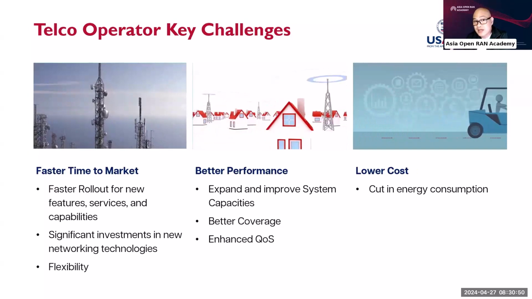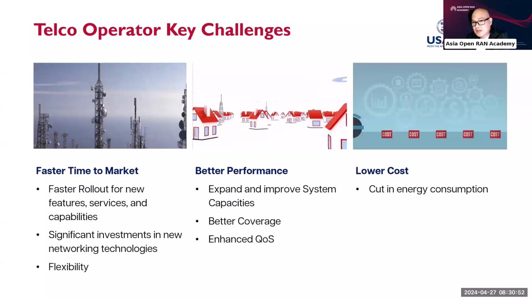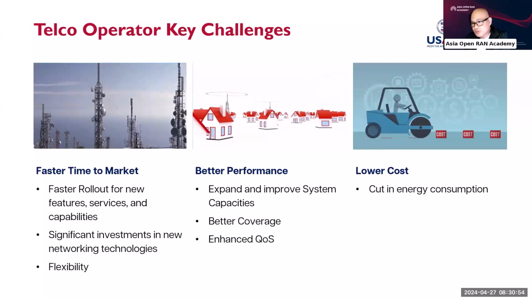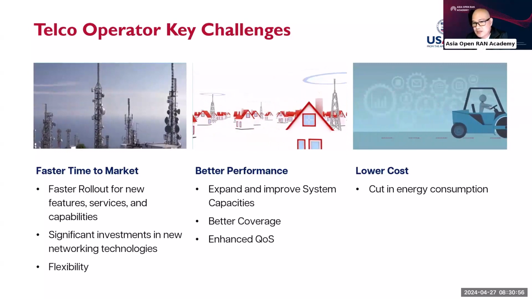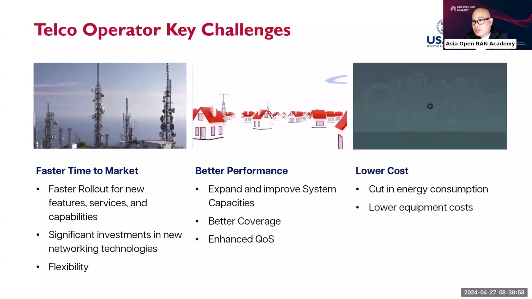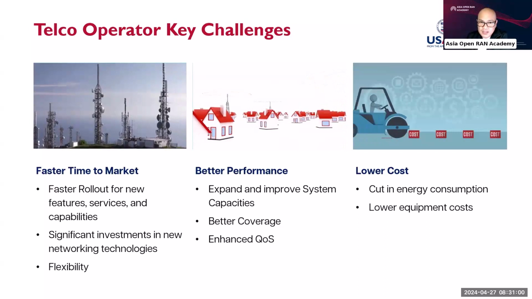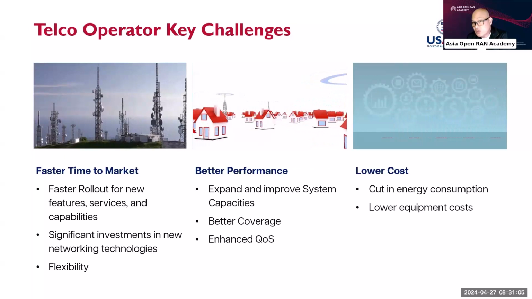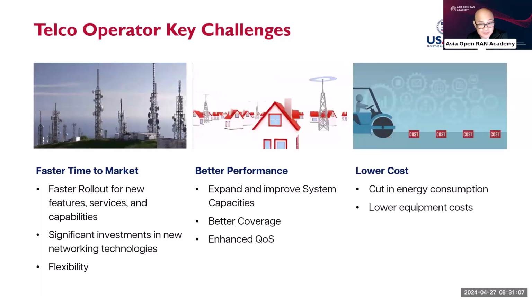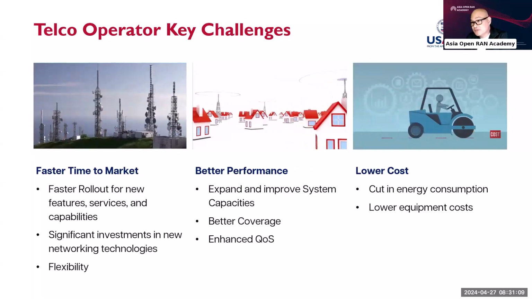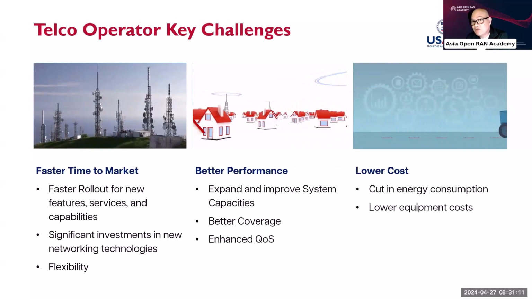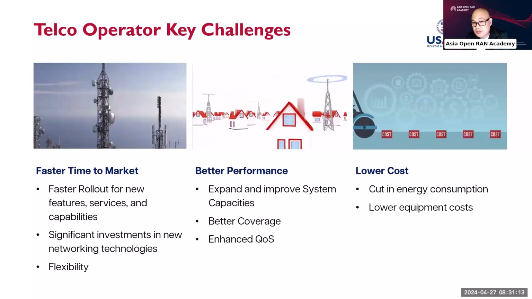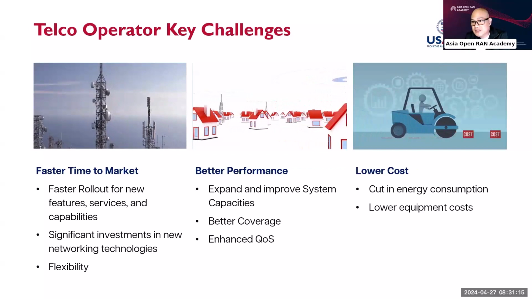So these are the heavy power users in the network. And lower equipment costs. If you build a new site, it will require new equipment, and the cost of equipment is not so cheap. It's expensive. So that's why we need a lower equipment cost, so that we can maximize the deployment of the sites.